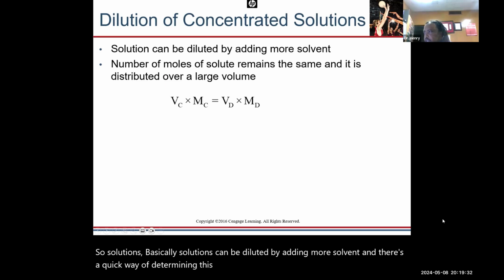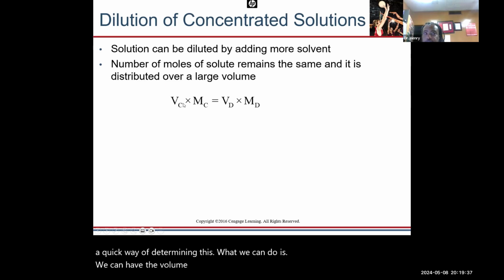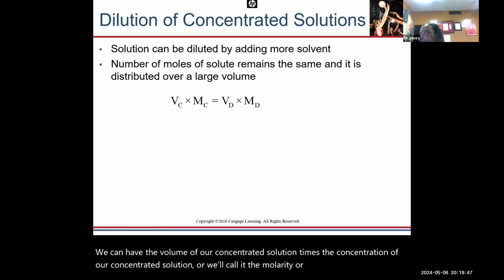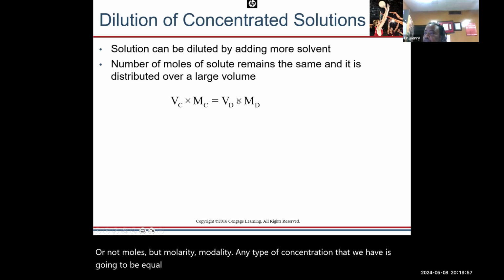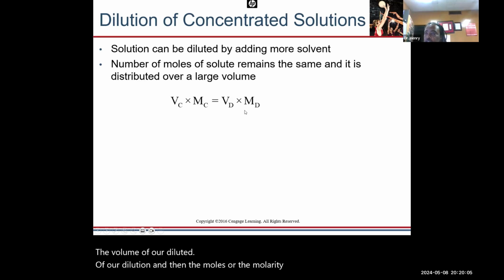What we can do is take the volume of our concentrated solution times the concentration of our concentrated solution, be it molarity, molality, any type of concentration, and that is going to be equal to the volume of our dilution times the molarity of our dilution. So what do I mean by that?